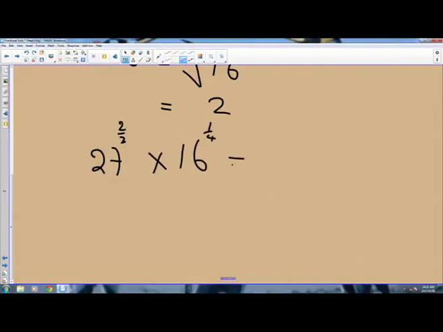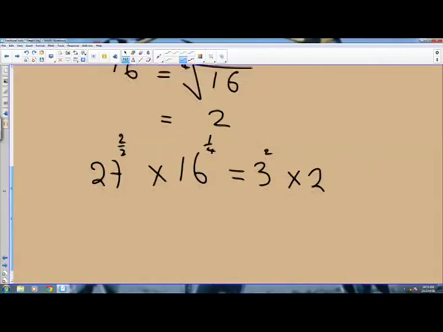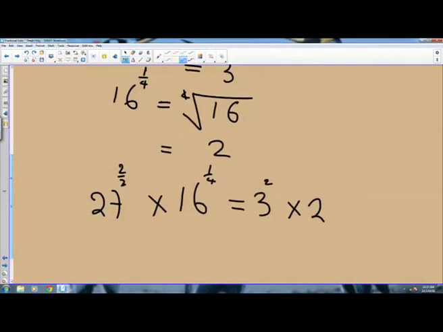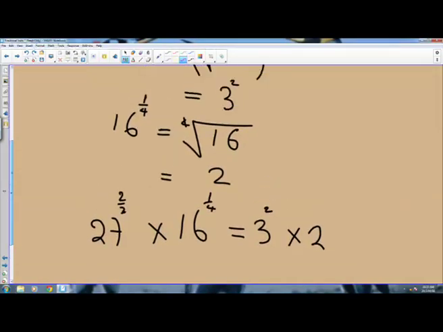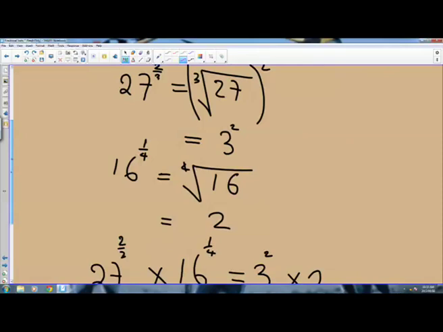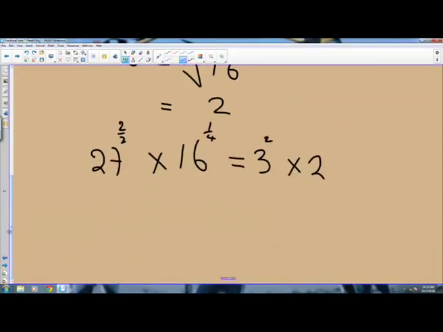We found the first part to be 3 to the power 2, and then we multiply this by 16 to the power 1/4, that is the fourth root of 16. The fourth root of 16 is 2. And the cube root of 27 raised to the power 2 is 3 squared, and that's what we are having here.